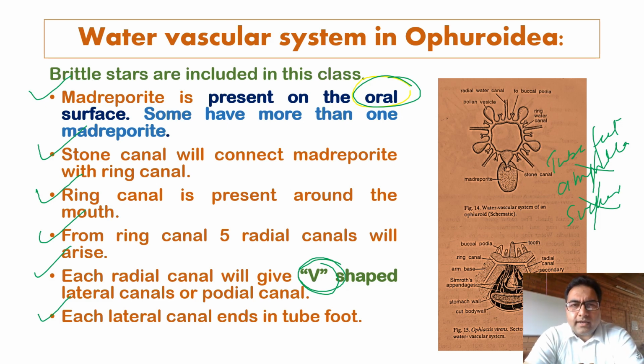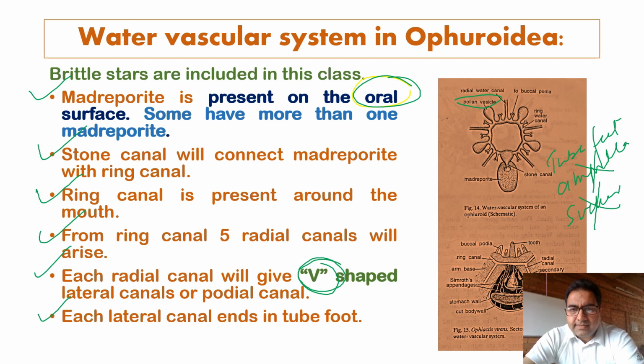So at the 4 interradii, 4 Polian vesicles are present, and they can be seen. Sometimes the Polian vesicles are accompanied by long slender tubular appendages.